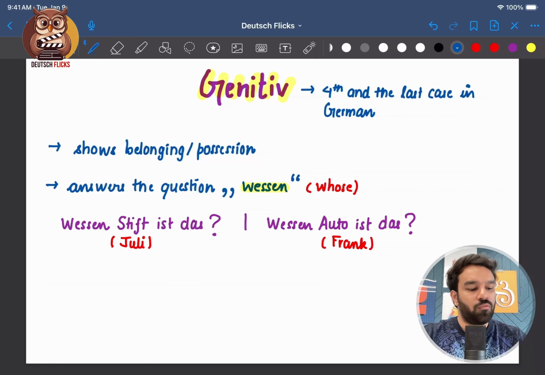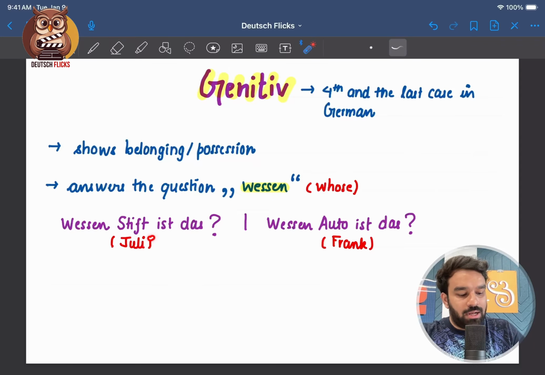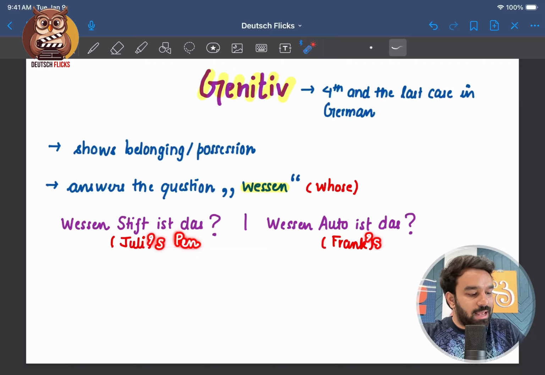So in English, what you do is you put an apostrophe and then S. So Yuli's pen you say. And similarly for Frank, you will put apostrophe and then S, Frank's and then car. But in German, there is no need of apostrophe. All you have to do is put S at the end.